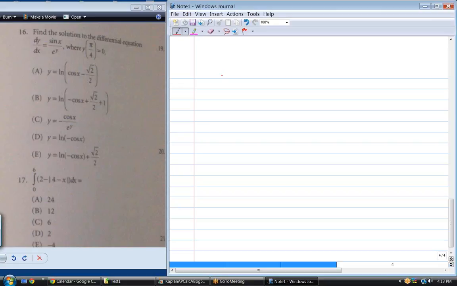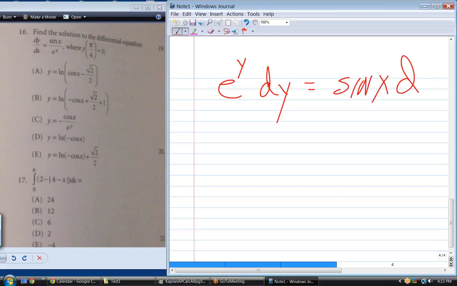We could have picked an easier one, but first of all, let's separate the variables. And by that, you can treat each of these differentials like a fraction. So I can essentially cross multiply here to get e to the y dy equals sine x dx. Okay, that step's pretty straightforward.